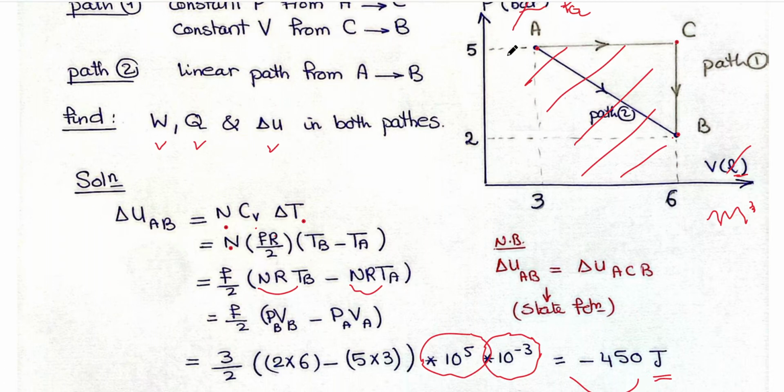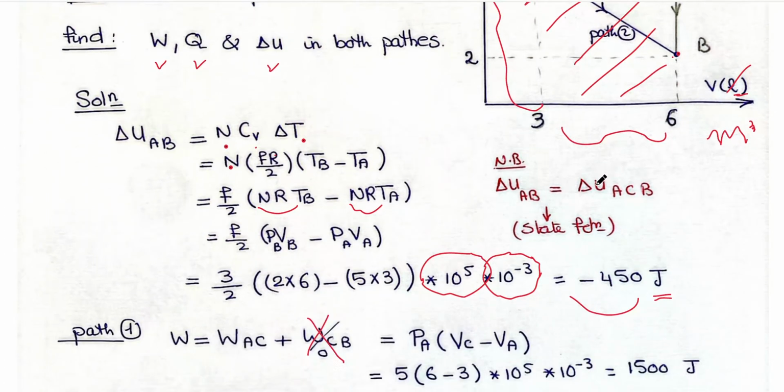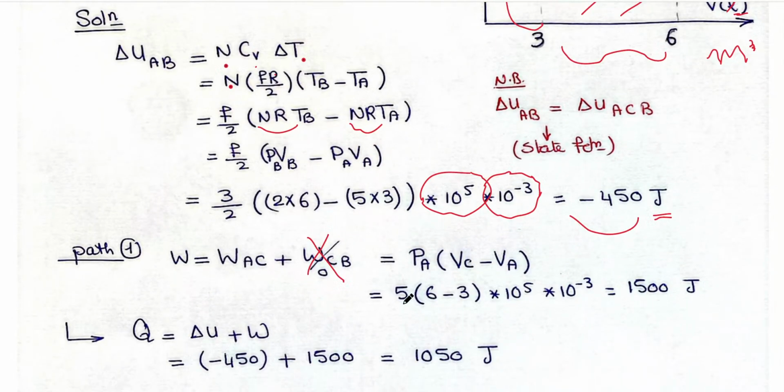The area is 5 multiplied by 3. So 5 multiplied by 6 minus 3, which is the 3. And don't forget to put the 10 to the power 5, the conversion, and 10 to the power negative 3, the conversion of the volume.